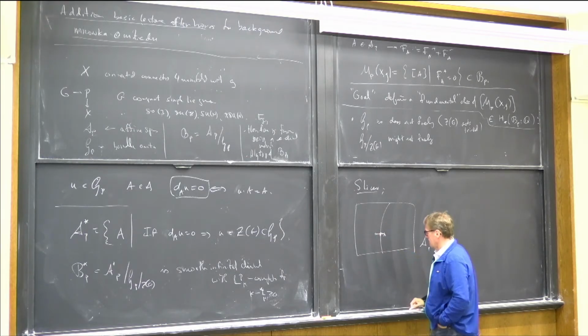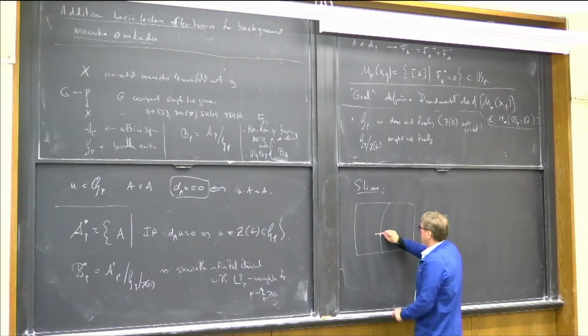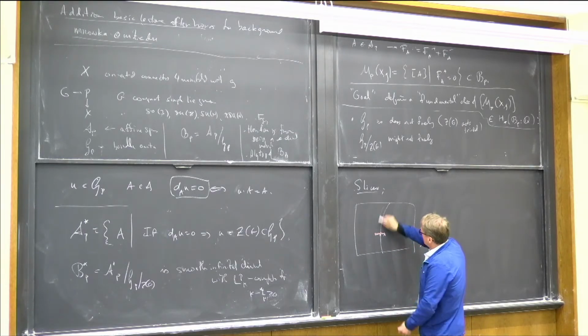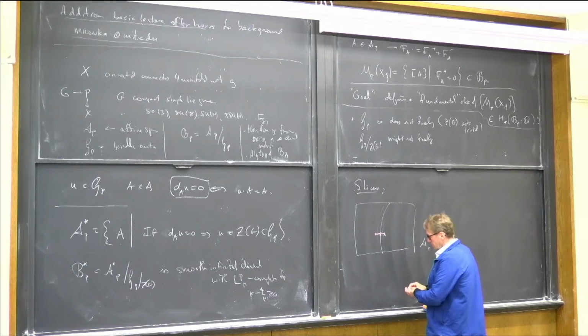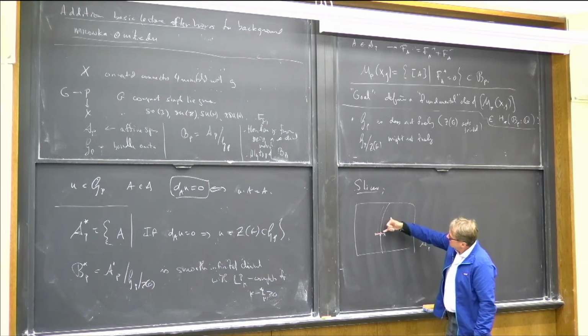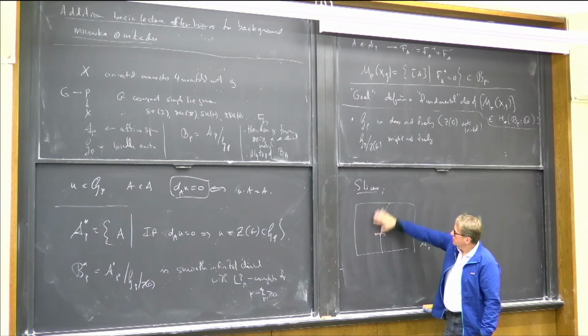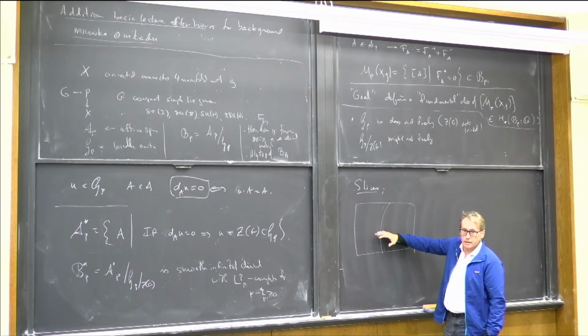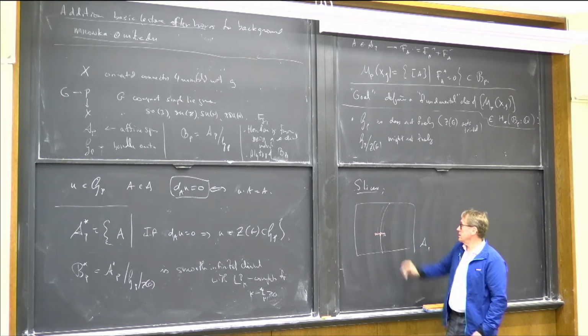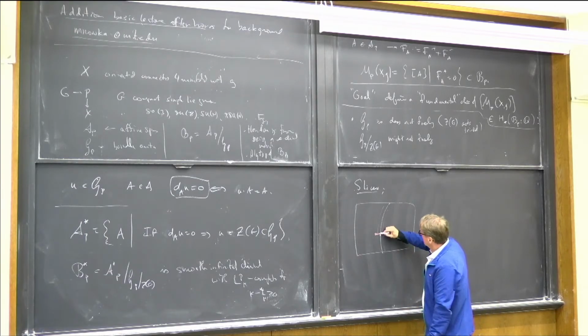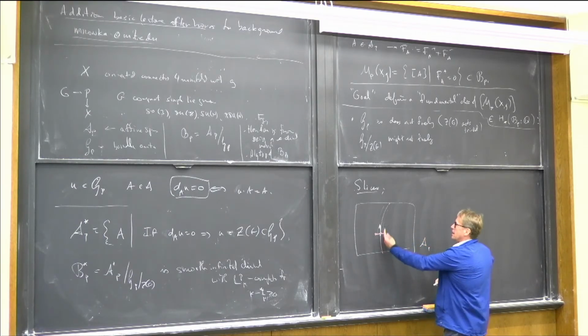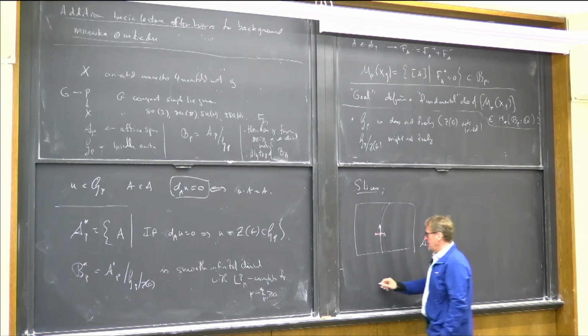We want to construct a slice to the orbits passing through here, and just like in finite dimensions, there's a natural way. If you have a finite dimensional manifold and you want to construct a slice to the group action, you equip your manifold with a G-invariant metric and take the orthogonal complement in the tangent space to the tangent space of the gauge orbit.